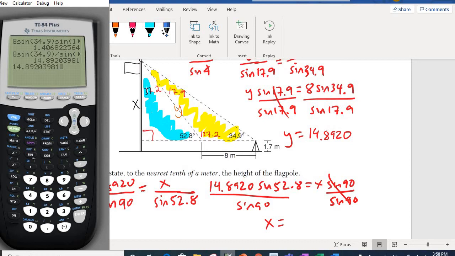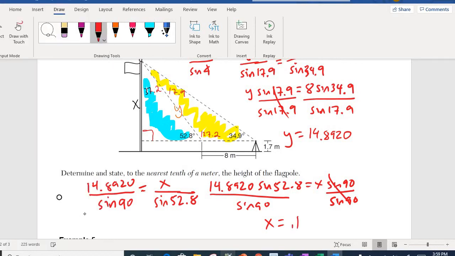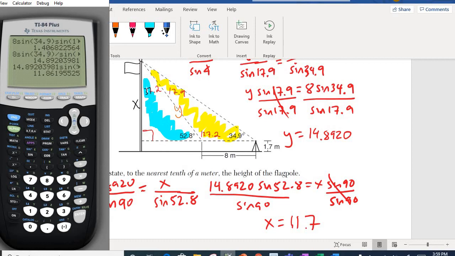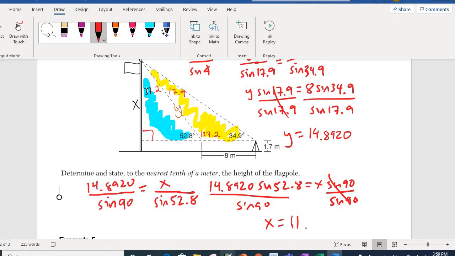I'm going to multiply that times the sine of 52.8, close parentheses, and divide that by the sine of 90. And our final answer should be about 11, and they want this to the nearest tenth, 11.7. Excuse me. It should be 11.9.